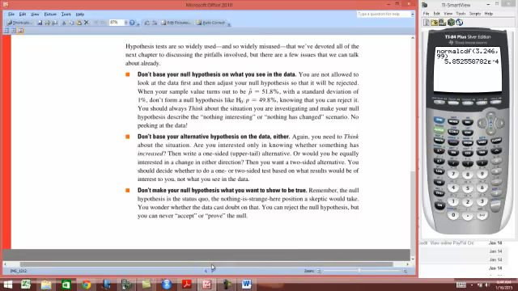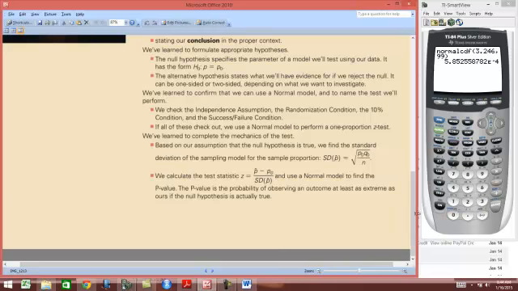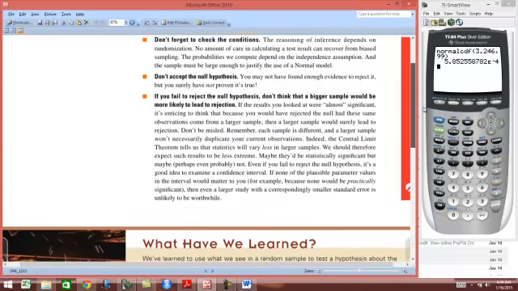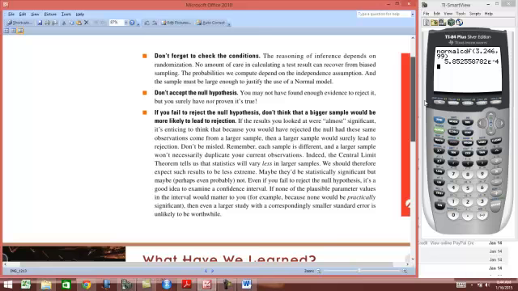Don't make the null hypothesis what you want to show to be true. It's simply the status quo. Don't forget the conditions. Never accept, don't ever say the null hypothesis is true. If you fail to reject the null hypothesis, don't think that a bigger sample would be more likely to lead to rejection.